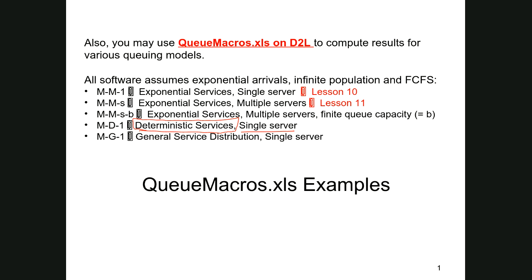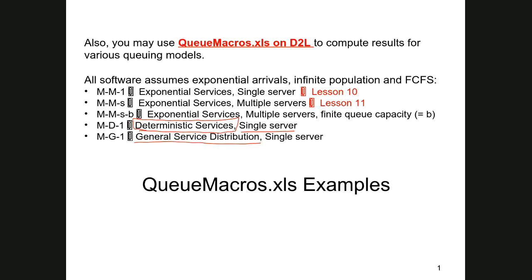And then lastly, a general service distribution, which means that the services are random numbers, but you can describe what that distribution is. So those are the different capabilities of this Q macros software.